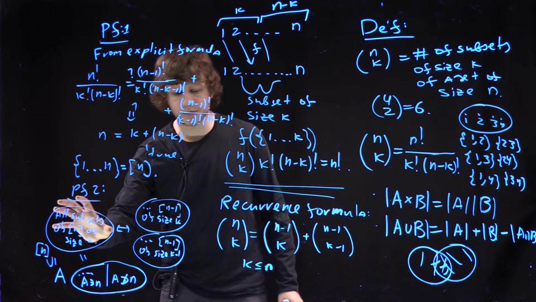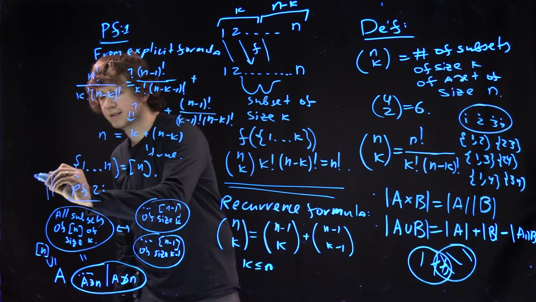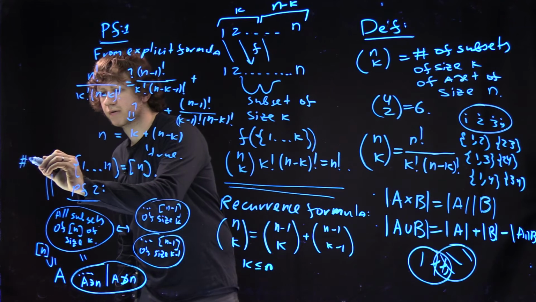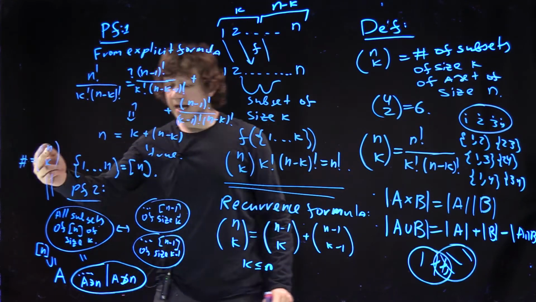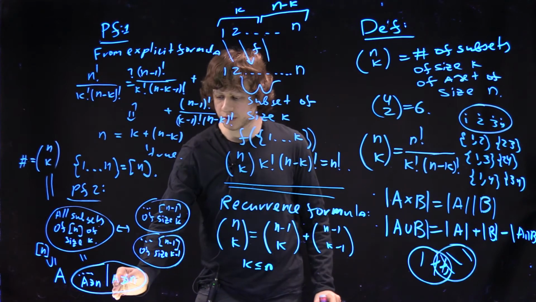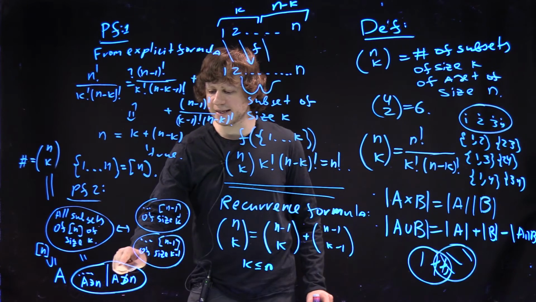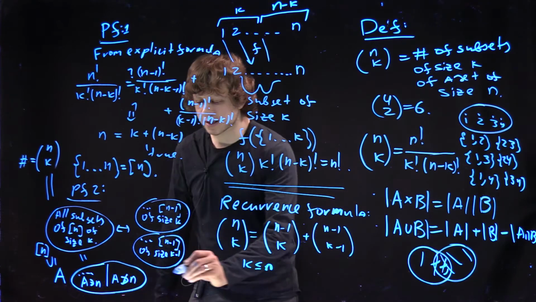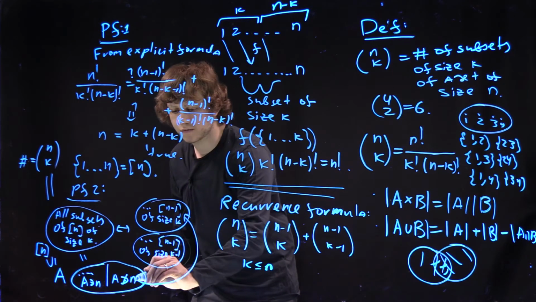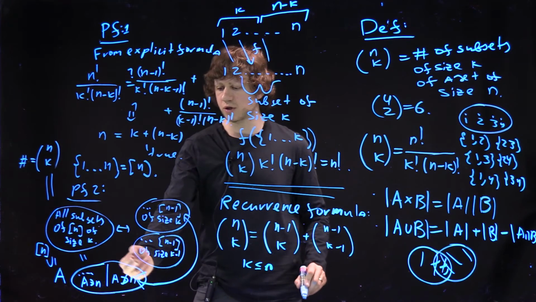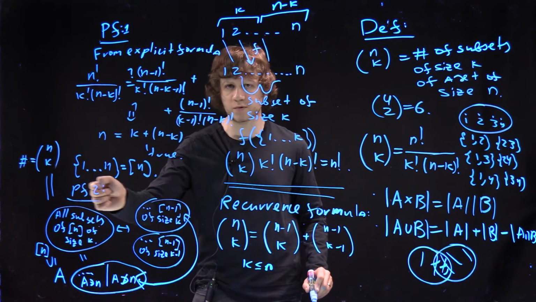So our set we are looking at, whose cardinality equals n choose k, is actually a union of 2 sets which don't intersect, and then let's look at their cardinality. If A does not contain n, then such things are in bijection with a subset of n minus 1 of size k, just because a subset there is a subset of the first n minus 1 element set.